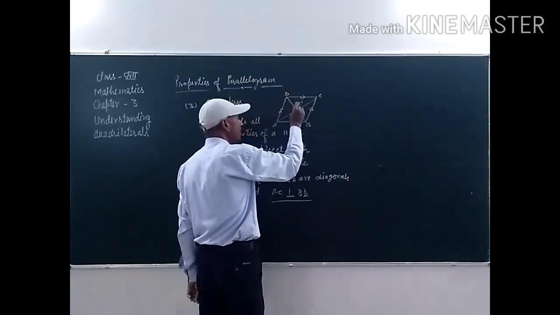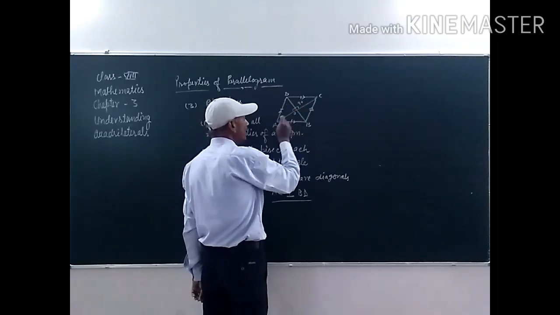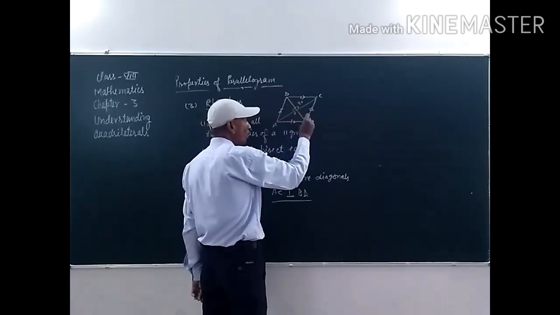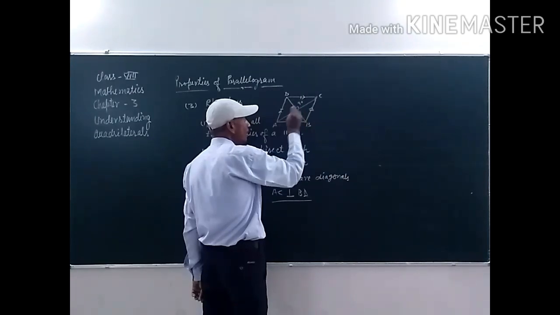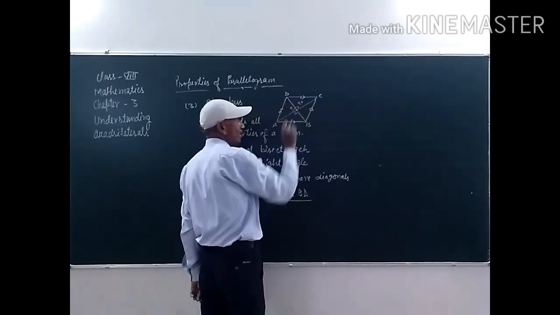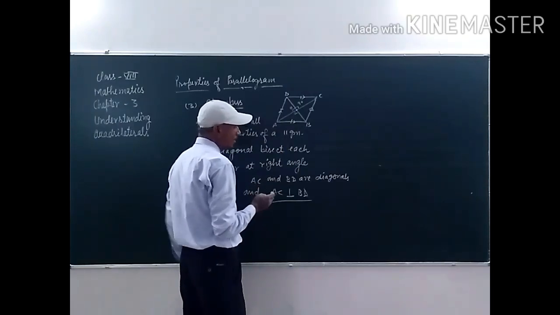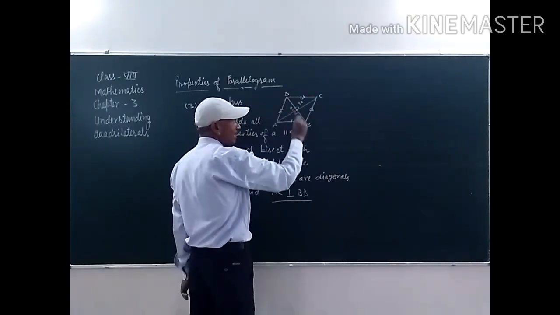Again angle DOA will also be 90 degrees, and angle AOB will also be 90 degrees. This point is O, student, the intersection point. So there are two conditions: they bisect each other at 90 degrees.